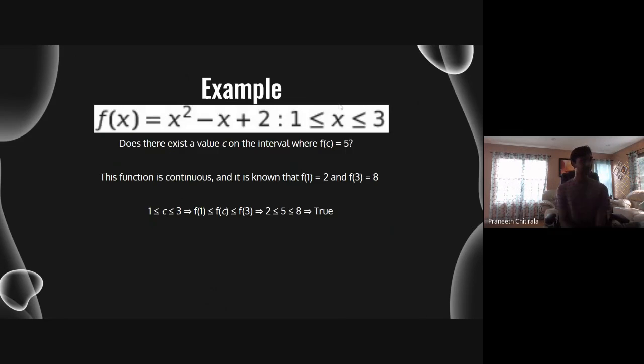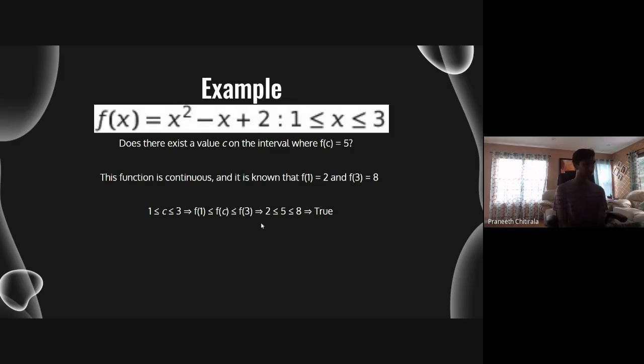So we have this interval here: 1 is less than or equal to c, which is less than or equal to 3, meaning that f of 1 should be less than or equal to f of c, which should be less than or equal to f of 3. So we're assuming that because this is true, this will be true.